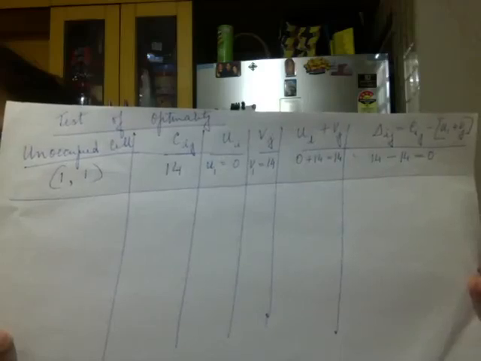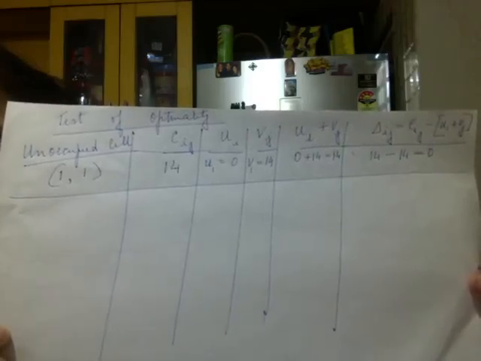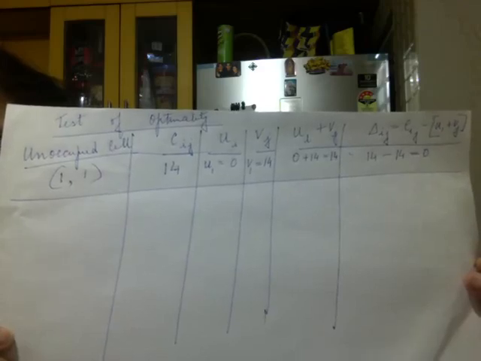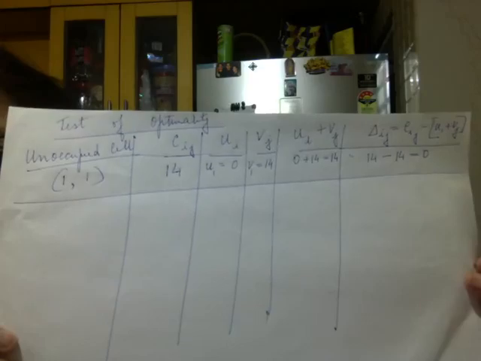So u1 plus v1 becomes 0 plus 14, which is equal to 14. Cij is 14. 14 minus 14, you get 0. Now we will do the next one.